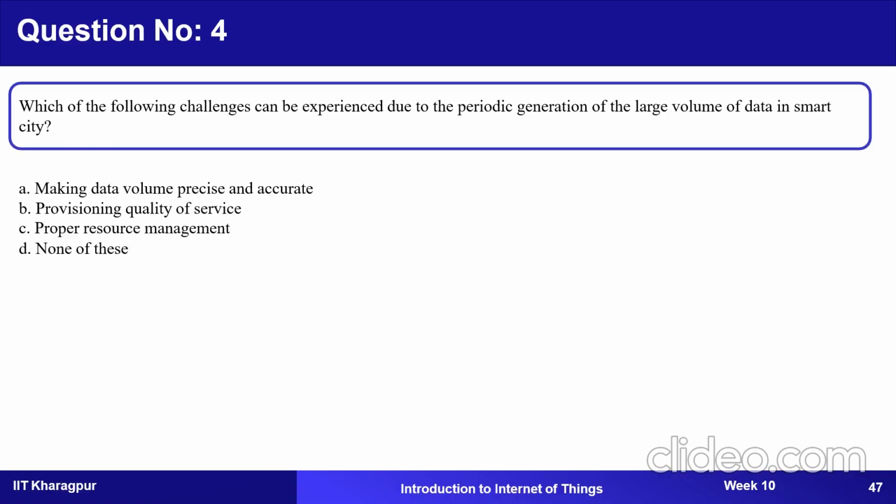Okay, let's read the question once again. Which of the following challenges can be experienced due to periodic generation of large volume of data in smart cities? Options are making data volume precise and accurate, provisioning quality of service, proper resource management, none of these.